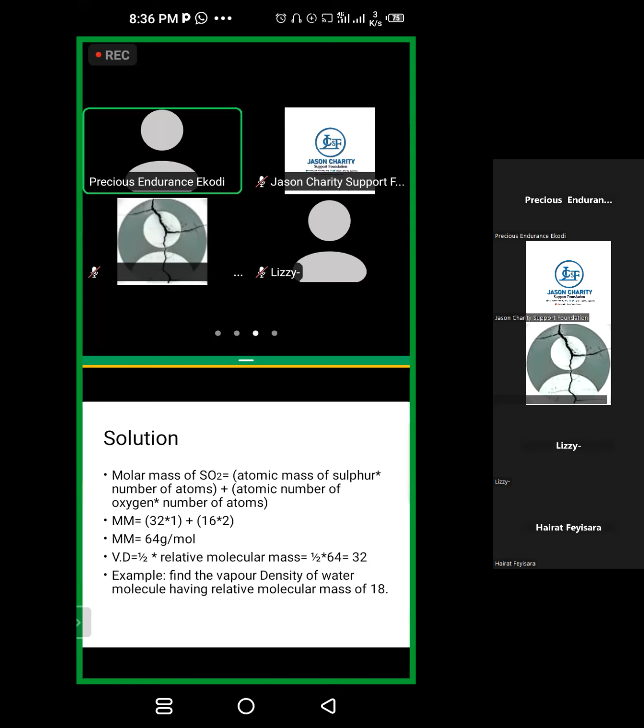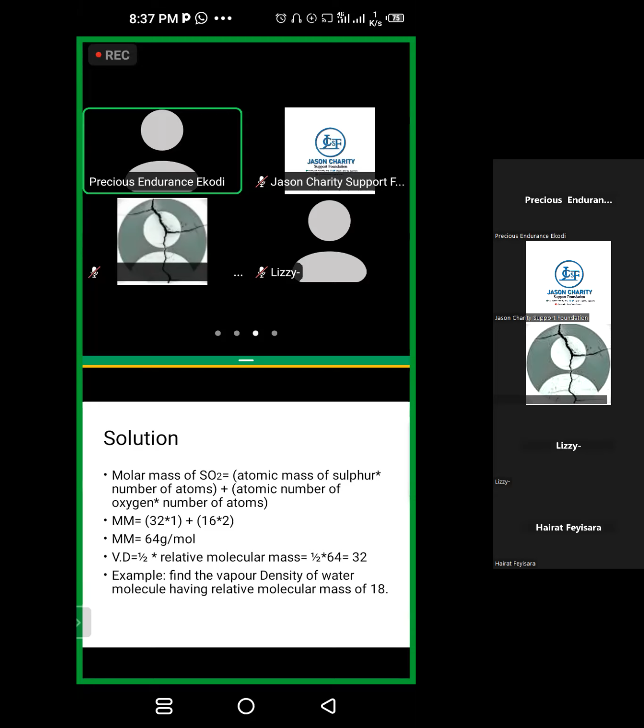And then plus oxygen, the atomic mass is 16, and it has a subscript 2 there. So that means we have 2 atoms of oxygen, so we have 16 times 2. So we have 32 plus 32, obviously, because 16 times 2 is 32. That will give us 64 grams per mole.